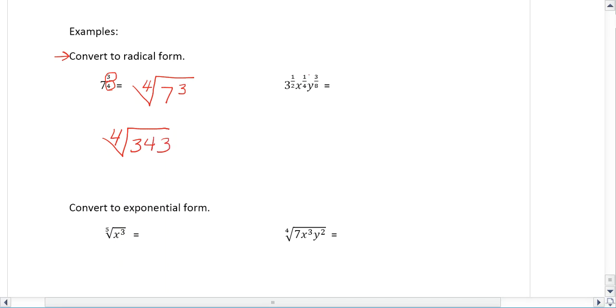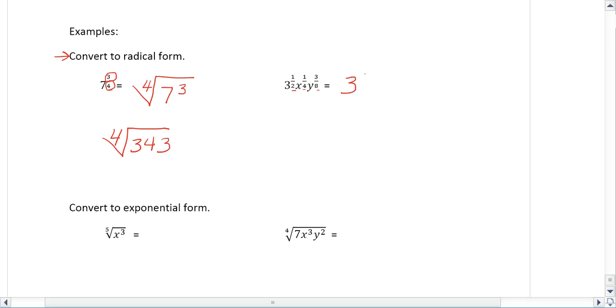Now in this next example, we want to convert this into radical form, except we have a problem. We don't have the same root here with a denominator of 2 and 4 and 8. So we can't even find a common root here until we change these fractions, and they all must have the same denominator.